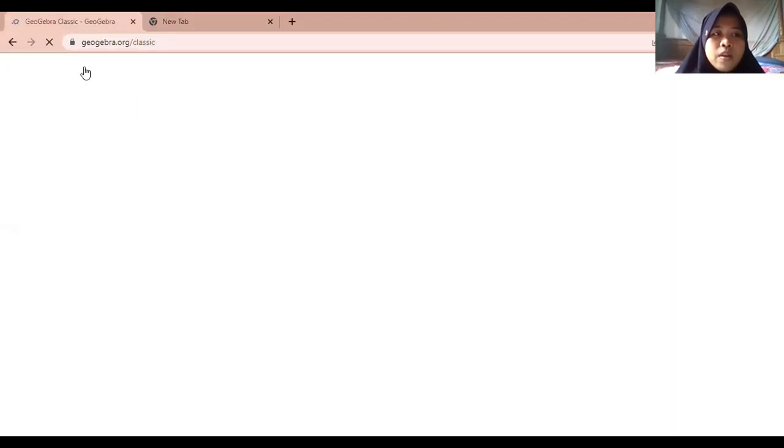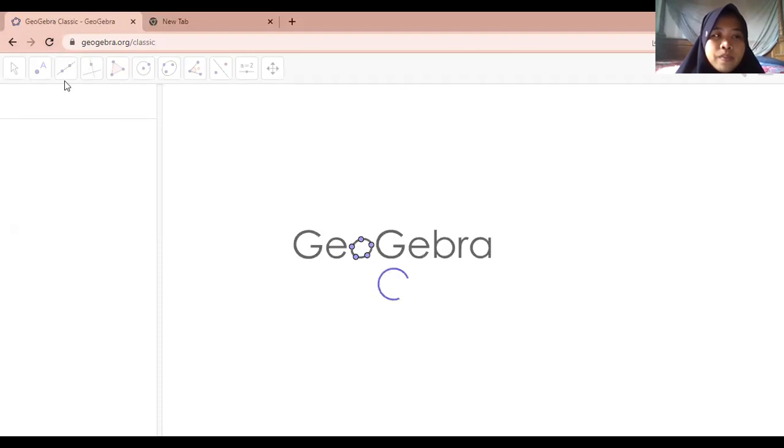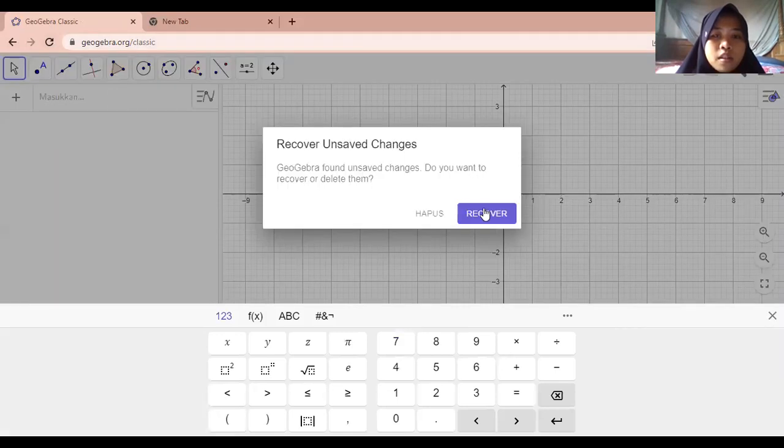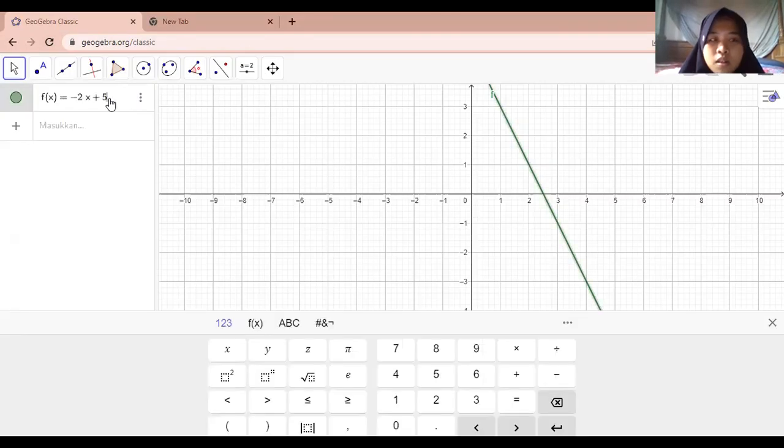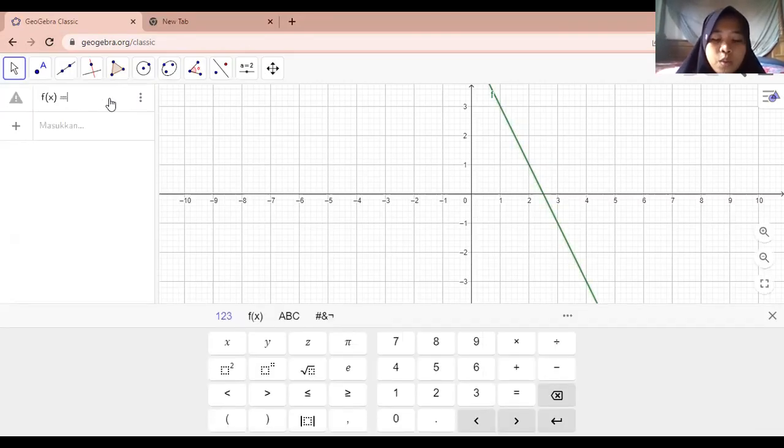So we open GeoGebra. We write the problem: f(x) equals x power 3 minus 1.